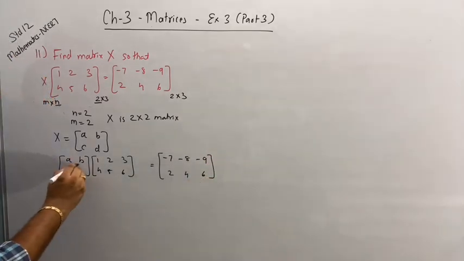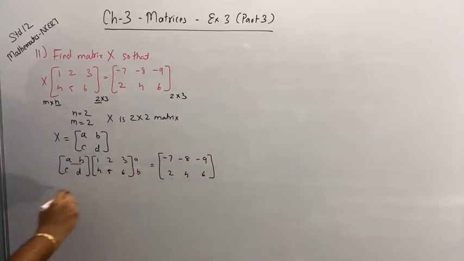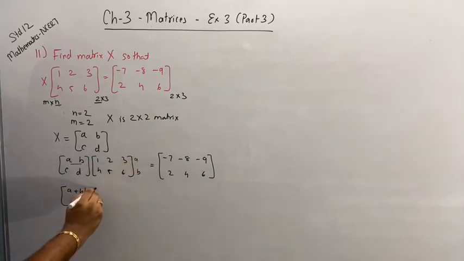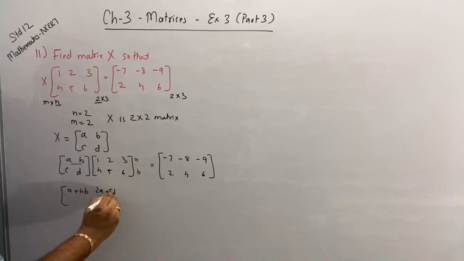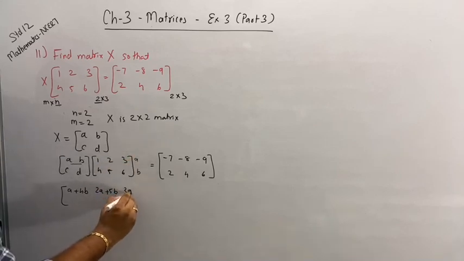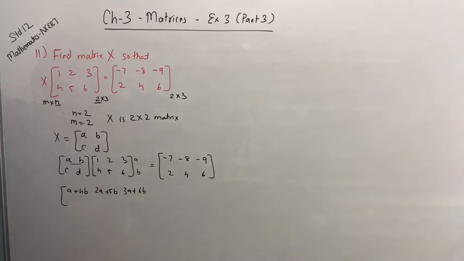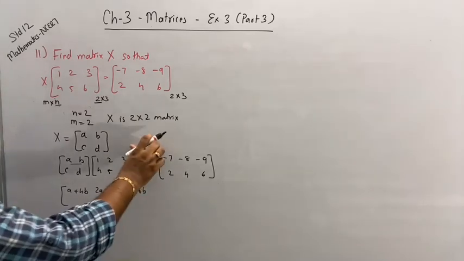Now let's multiply with this one. So it will be A into 1, A plus B into 4, 4B. Clear? Second, 2A plus 5B. Third, 3A plus 6B. Okay?